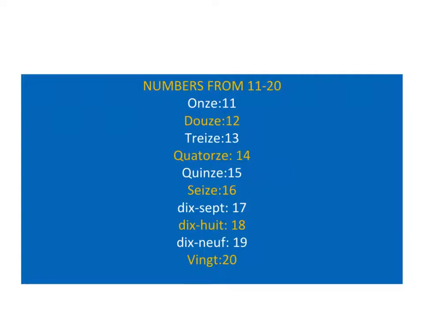Onze, douze, treize, quatorze, quinze, seize, dix-sept, dix-huit, dix-neuf, vingt. Again: 11, 12, 13, 14, 15, 16, 17, 18, 19, 20.